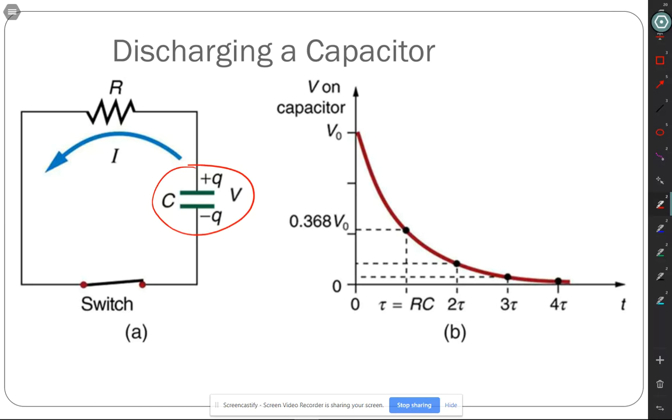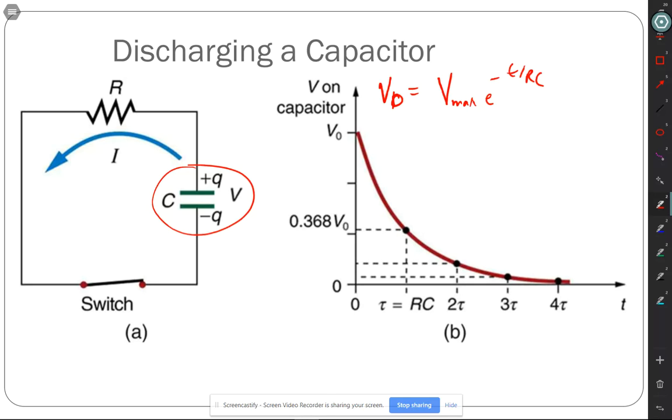And in that case, the discharge, I should put D for discharge, is equal to V max e to the minus t over RC. So once again, you can adjust how quickly it will discharge by adjusting R, just like you could adjust how quickly it will charge by adjusting the R.